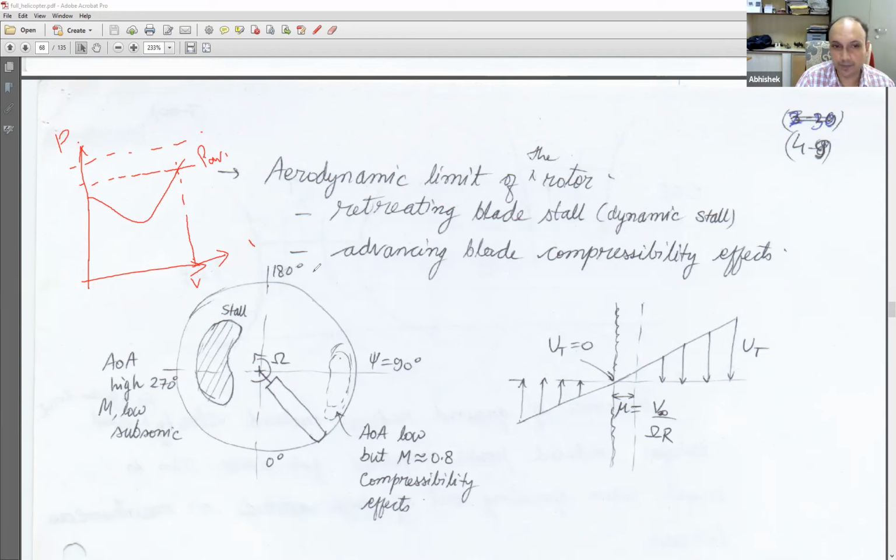Stall. Which kind of stall? Any other ideas? If not stall, what else? What is the single most critical parameter which will prevent you from flying too fast?